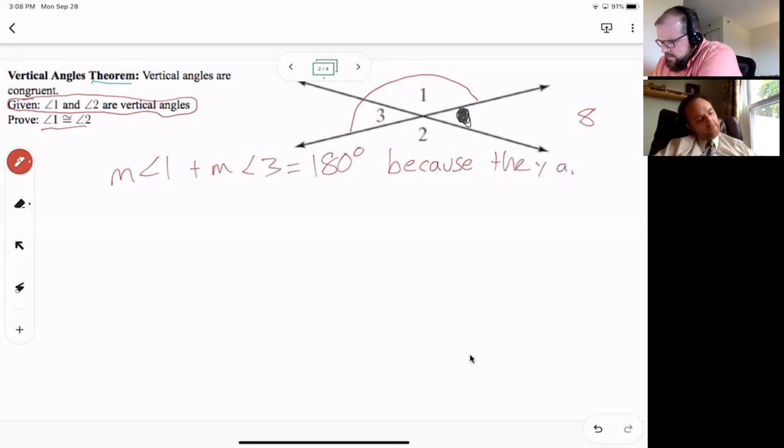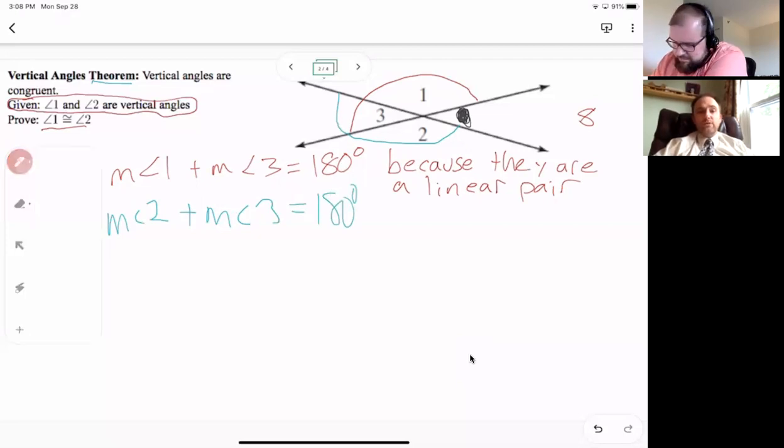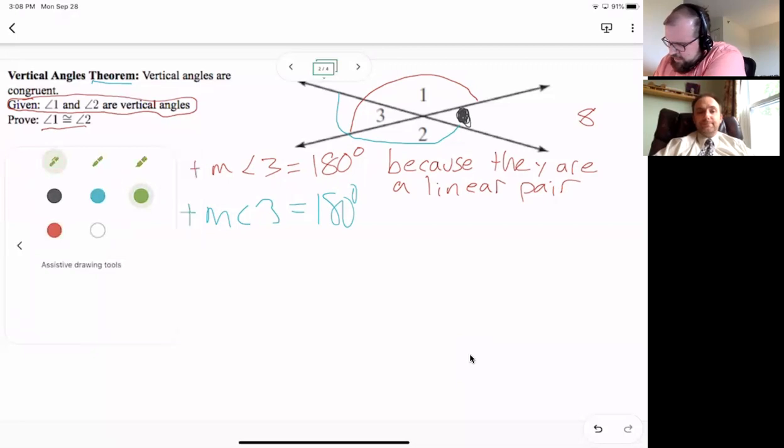Wait, can I do that for these ones also? The measure of angle 2 plus the measure of angle 3 is 180 degrees. I think that makes some sense. It looks like the same thing we just did for the first ones. Is that for the same reason? Yeah, that's why I smooshed it right in there. Ooh, so we can use that reasoning for both of these things.